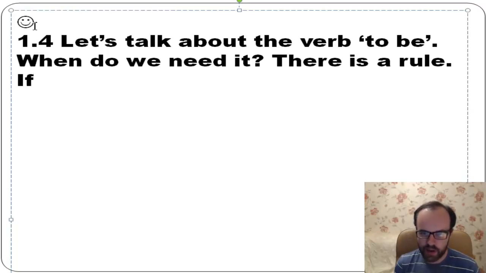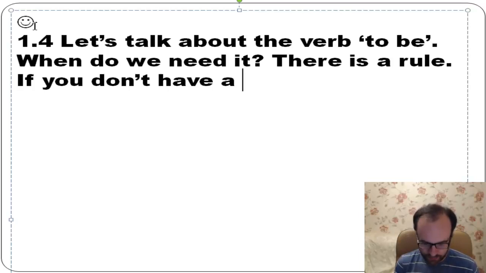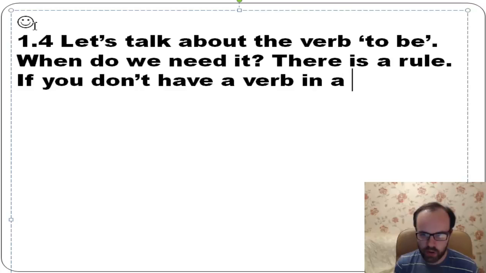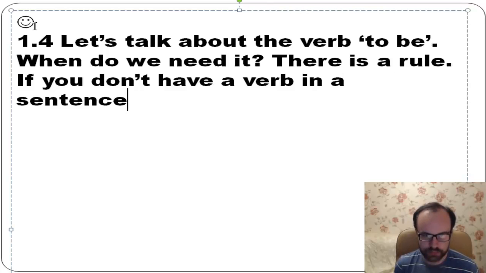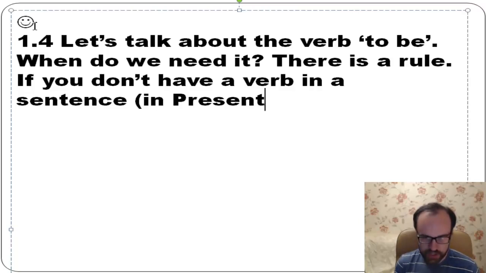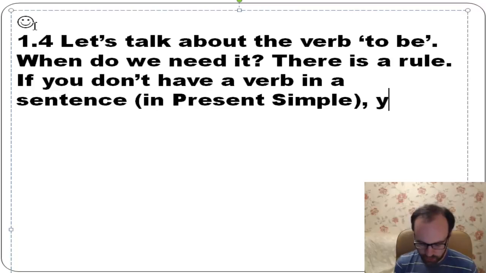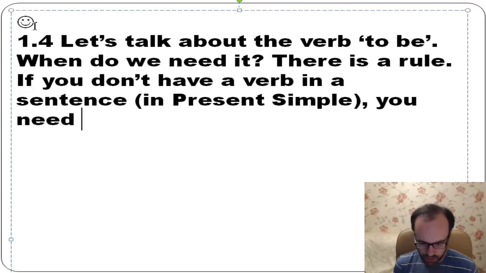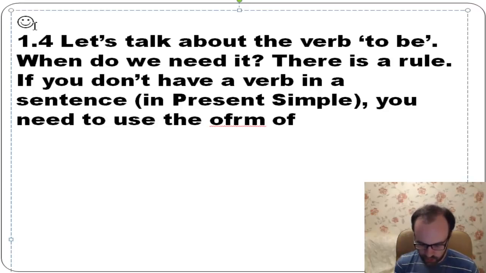If you don't have a verb in a sentence in present simple, you need to use the form of to be.